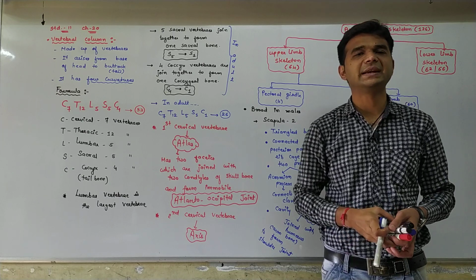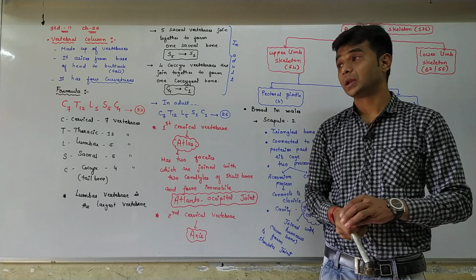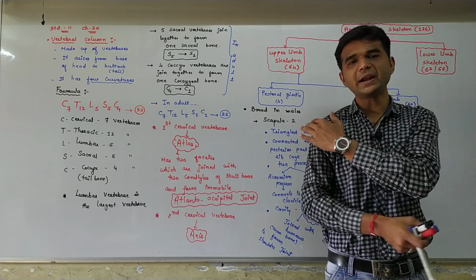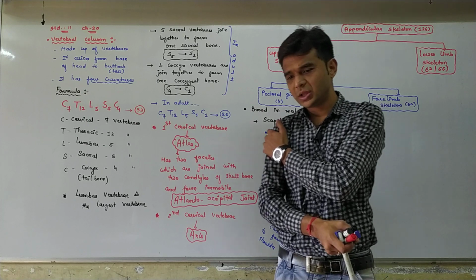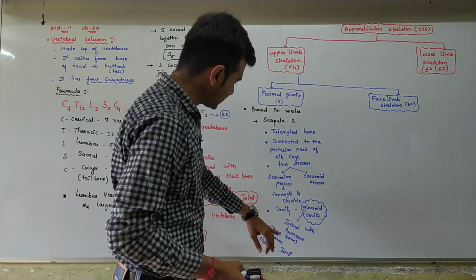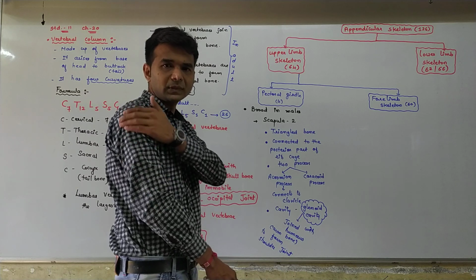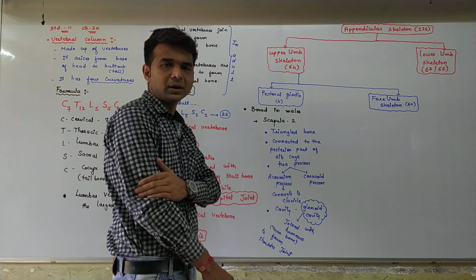It is known as the glenoid cavity, and this glenoid cavity is connected to the head of the humerus. Actually, humerus is the arm bone. This is known as arm.